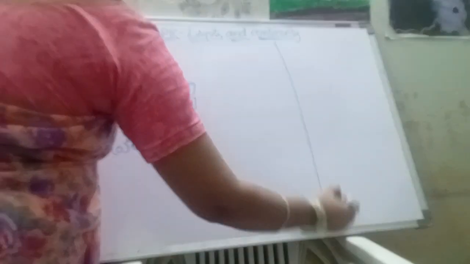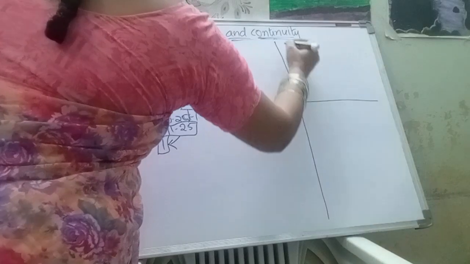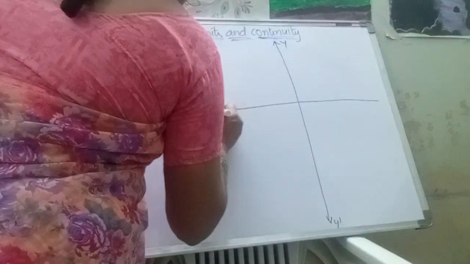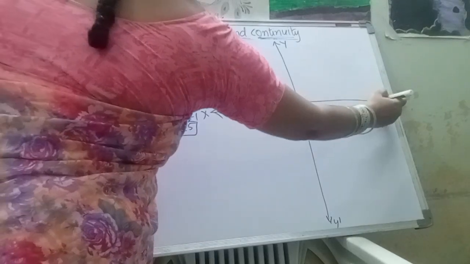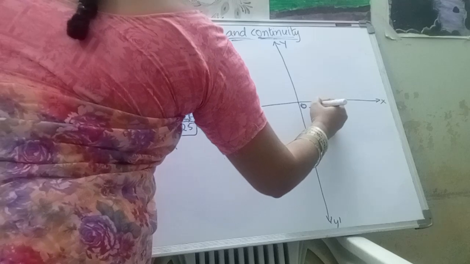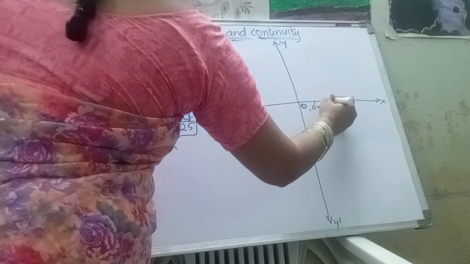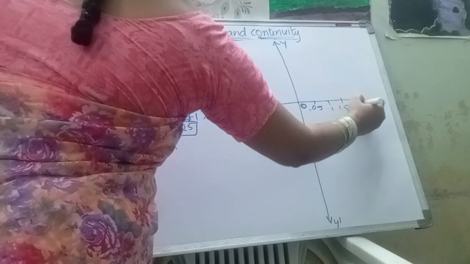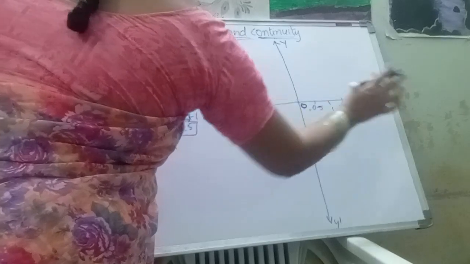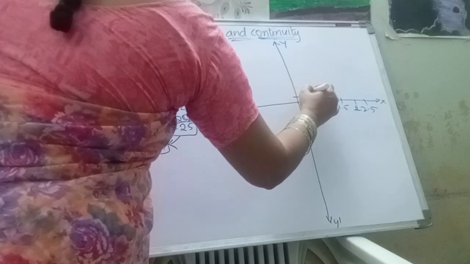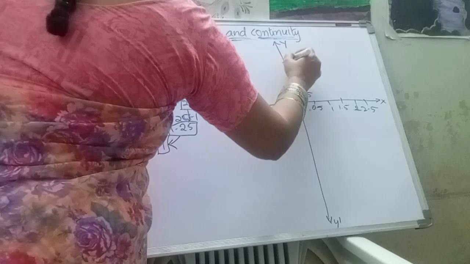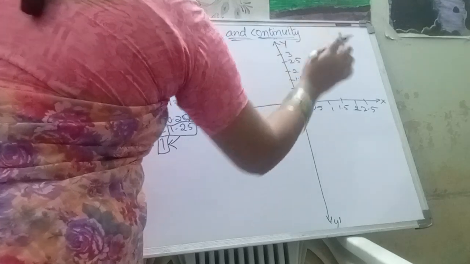Take the coordinate axis and give the values. This is y dash, this is x dash, this is x, and this is 0. Here 0, 0.5, 1, 1.5, 2, 2.5, 3, like that.